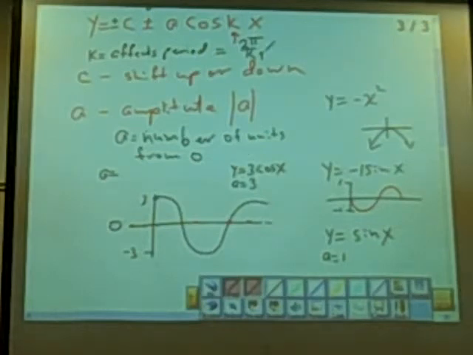As the denominator gets larger, the period gets smaller, right? Because if you had pi over 50, that's smaller than 2 pi. Whereas if k is a fraction, then you would flip it and multiply, and so you get horizontal stretching.